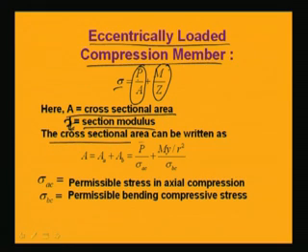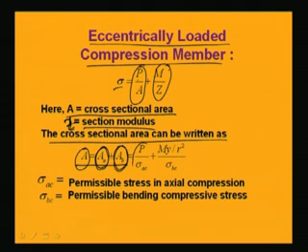So the cross sectional area can be written as A_C plus A_B. A_C is the area due to the direct compressive load, and A_B is due to the bending. So total area required will be area due to the compressive load and area due to the bending.